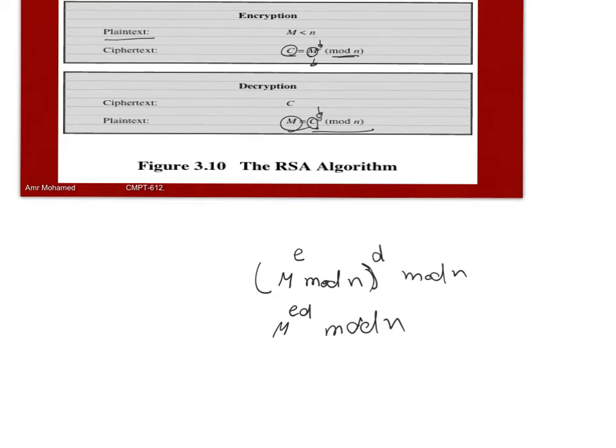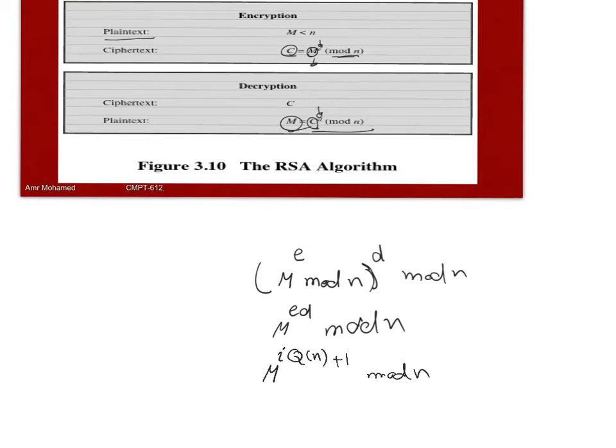Which means that m to the power ed becomes m to the power of some integer i multiplied by the totient of n, plus 1, which is the result of the mod, all mod n.